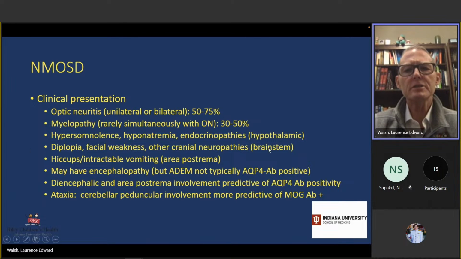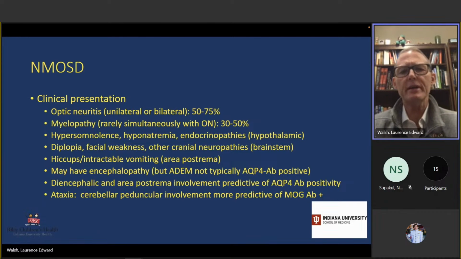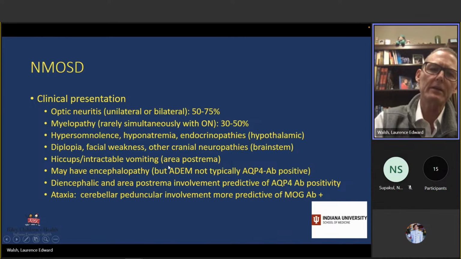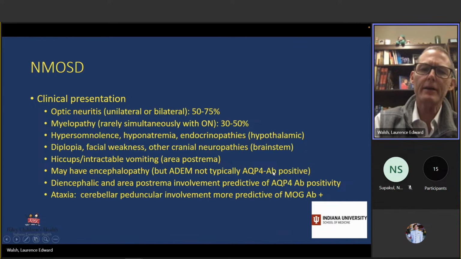The other less specific phenotypes can be just the tegmentum of the brainstem, so facial weakness and diplopia because cranial nerve 6 and 7 are being hit, other cranial neuropathies. They can have encephalopathy, but when they do, it's probably going to look more like ADEM, probably not going to be aquaporin positive, and there's a good chance it'll be MOG positive too.